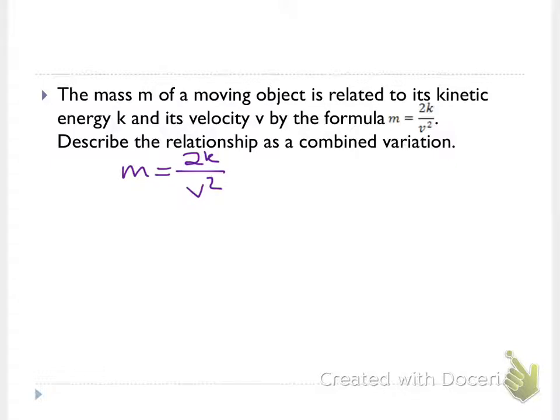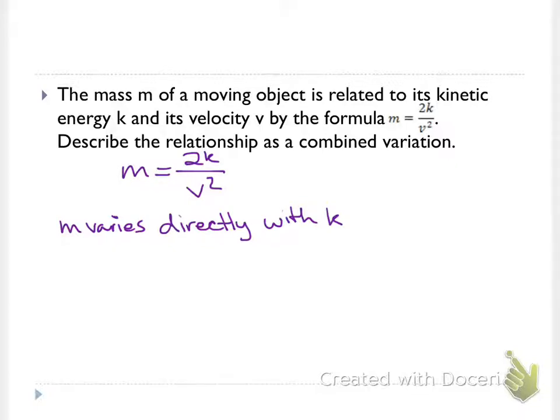So m equals, m varies. You don't have to say the constant, right? But there's something in the numerator. There's 2k. Well, 2 is our constant of variation because it's a number. So if it's in the numerator, it's directly. So directly with k. And then there's a denominator.